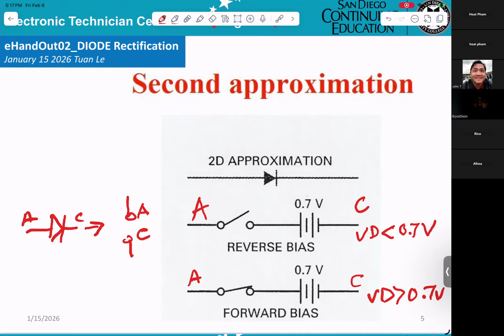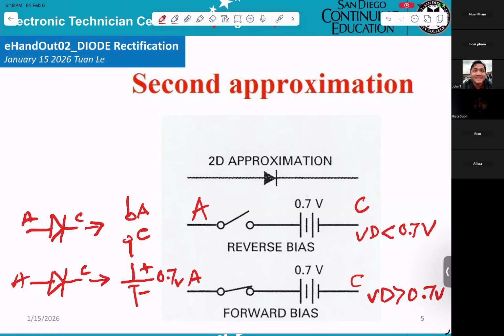And when they close, see here, you must substitute the diode with a battery, plus, minus 0.7 volt.